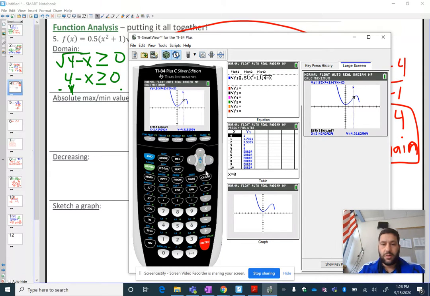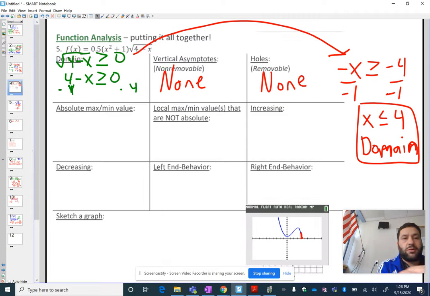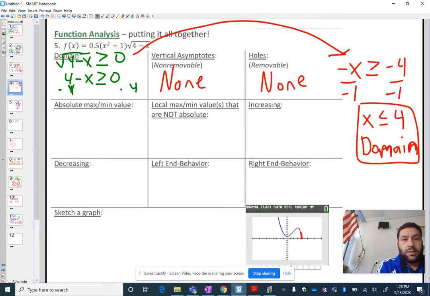We hit enter. We move to the right. We hit enter, and then guess one last time. So we see that we have a relative max at 3.13, 5.03. So 3.13, 5.03 is a relative max.